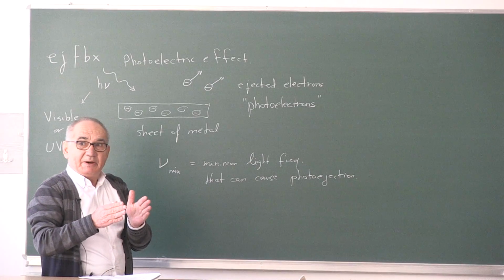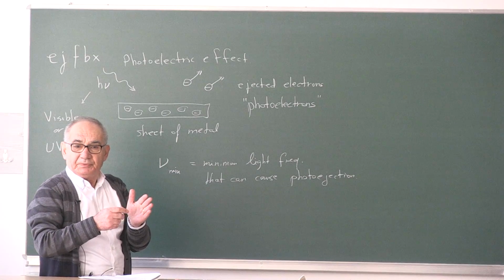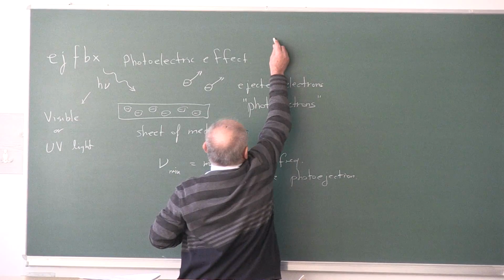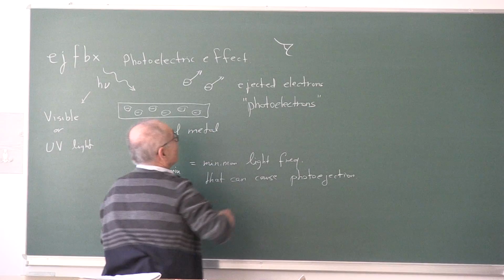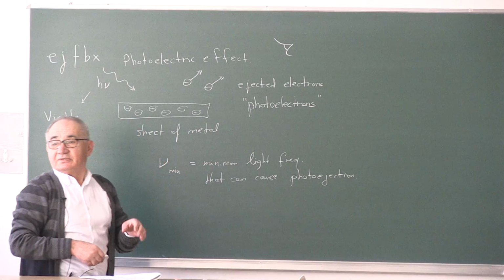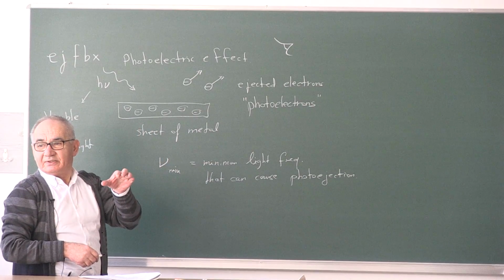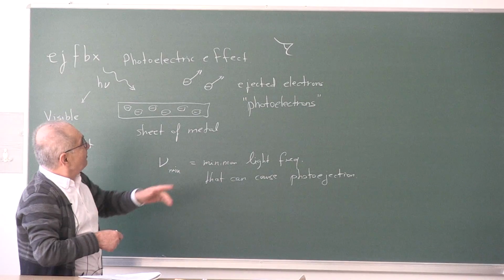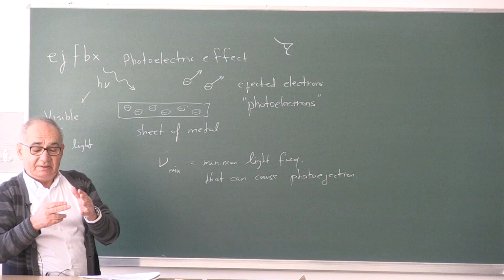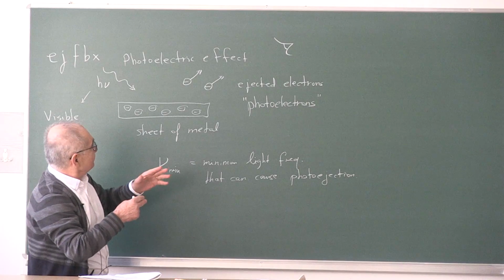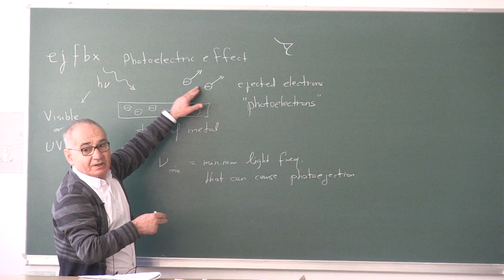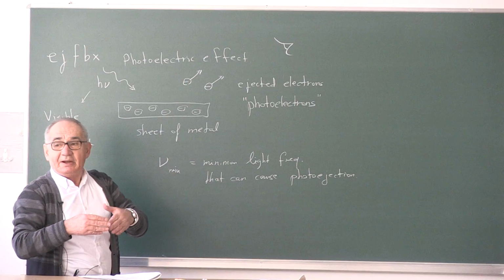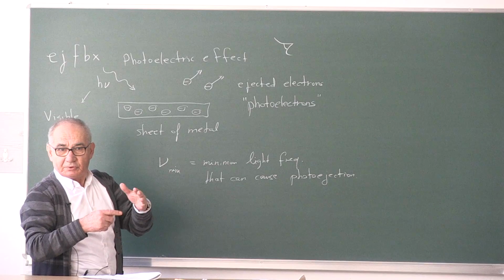The experimental technique which is used is capable of, here there is a detector. Detectors I will represent always as I. This detector can measure the speed of the ejected electrons and also the number of ejected electrons.